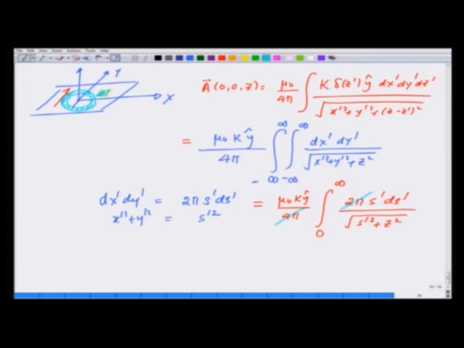This 2 pi cancels with this, I get 2, and therefore the expression becomes mu naught k y over 2 integral 0 to infinity s prime d s prime over the square root of s prime square plus z square. And this is very easy to calculate. Let us do that.